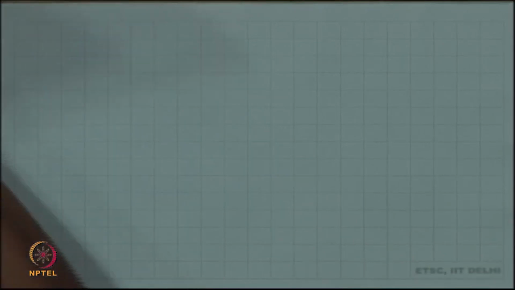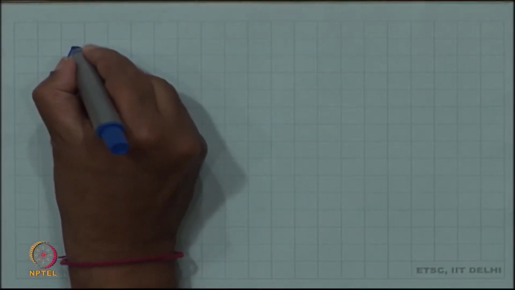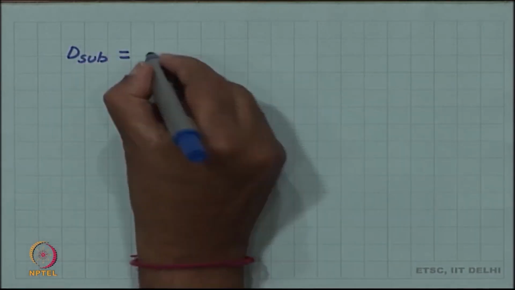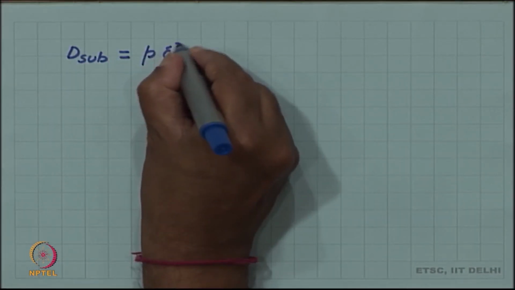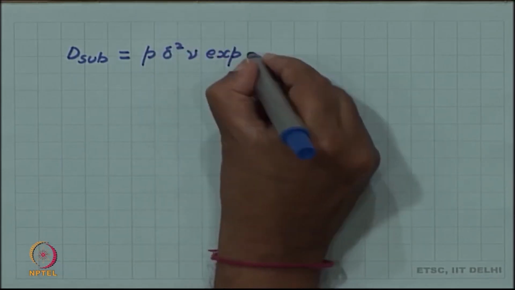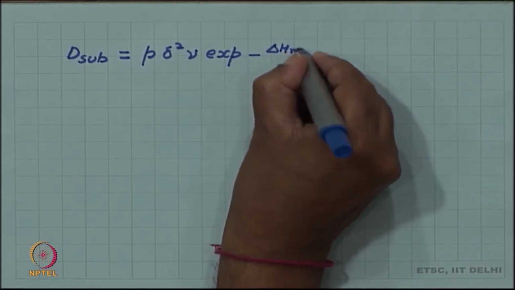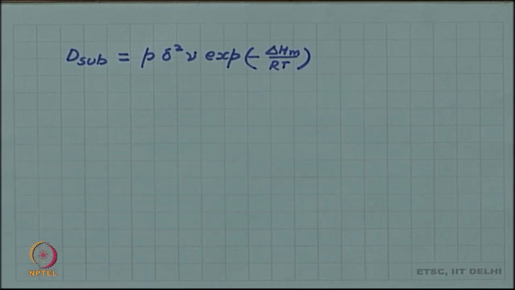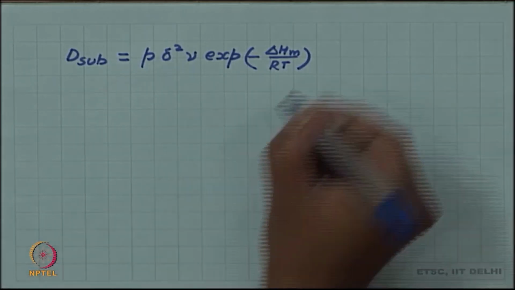So, we can complete our expression for substitutional diffusion, that D sub will become P delta square nu exponential minus delta H m by R T. Up to this it was fine and it was also true for interstitial diffusion.